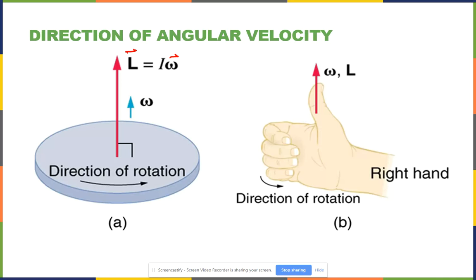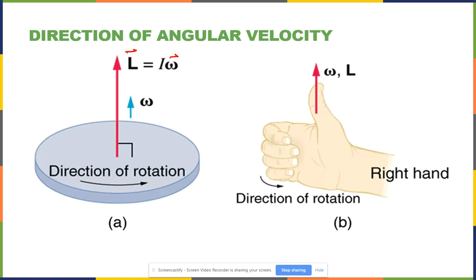You just wrap the fingers in your right hand in the direction of rotation, and your thumb points the direction of the angular velocity. So once again, we look at the clock. We talked about this before in terms of torque, but now it's real simple in terms of angular velocity. The second hand is moving clockwise, because that's how we name it.